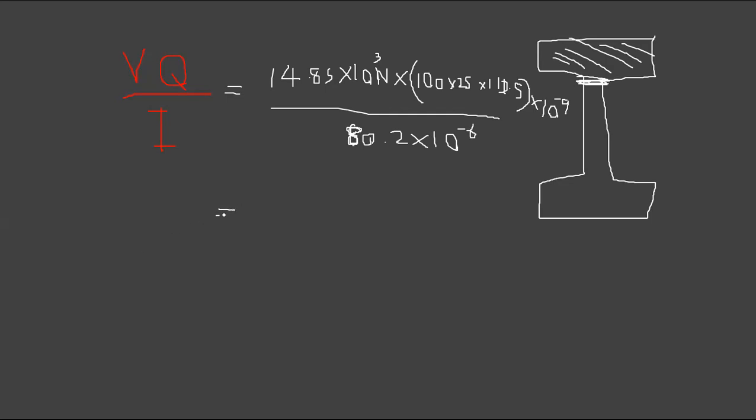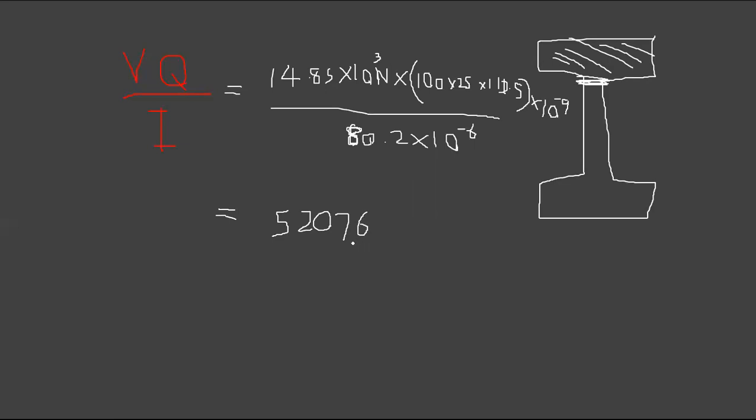So this is going to be the shear flow: 14.85 into 10 to the power 3 by 125 into 12.5, multiplied by 10 to the power minus 9 and divided by 80.2 into 10 to the power minus 6. That gives you a value of 76.